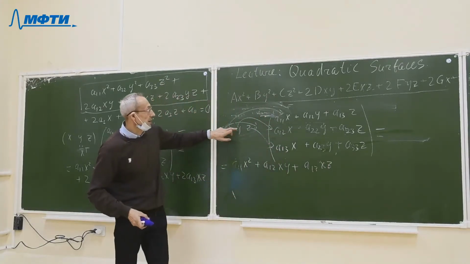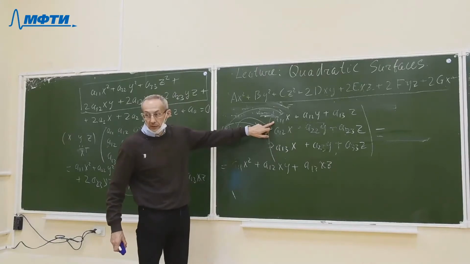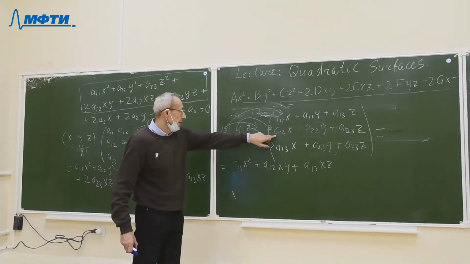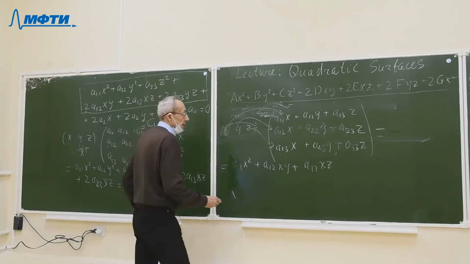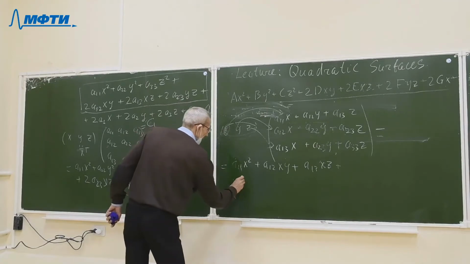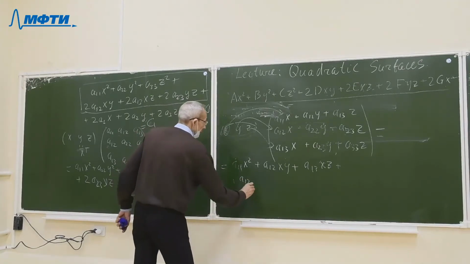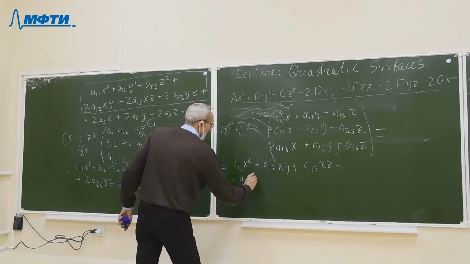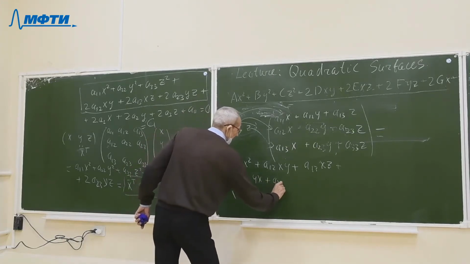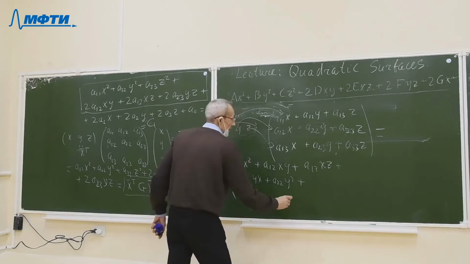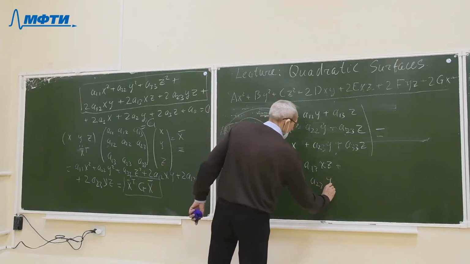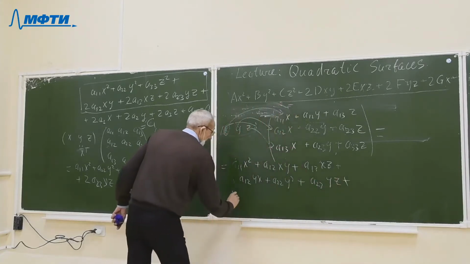We multiply x by the first element of this column. We multiply y by the second element of this column, and we obtain a12yx plus a22y squared plus a23yz.